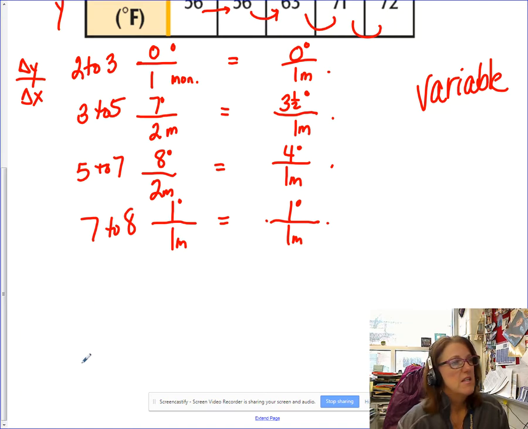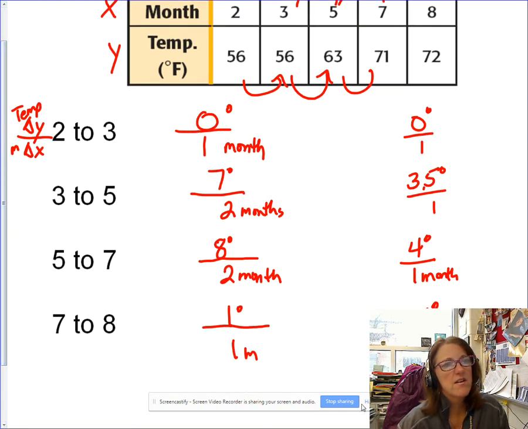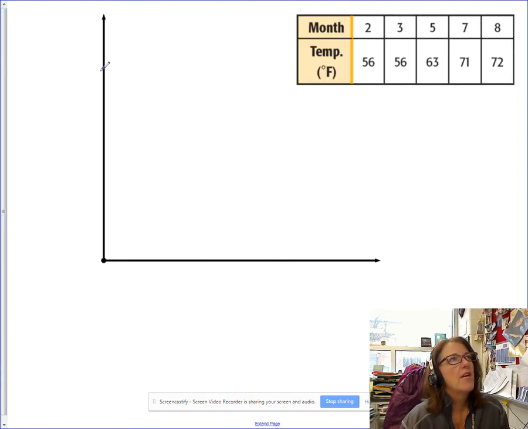I'm going to go to the next screen because then I have the table built in here. Let's build a graph with this data so you can kind of see what this means. My X value, my horizontal axis, is months. Let's label it.